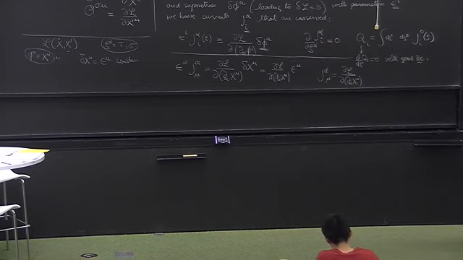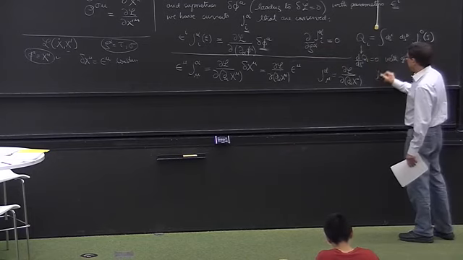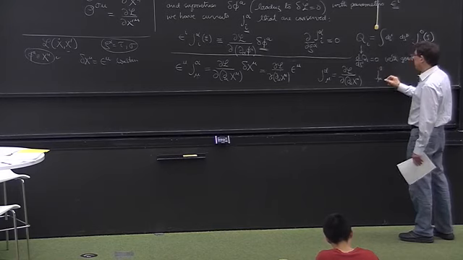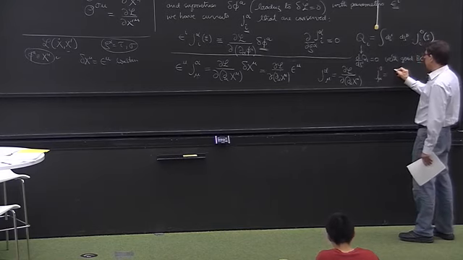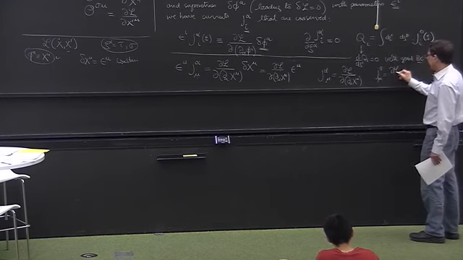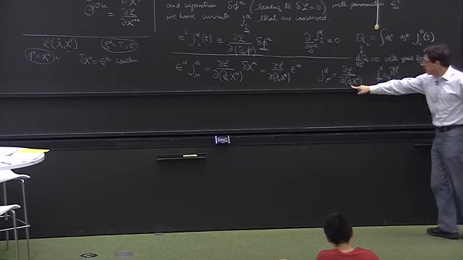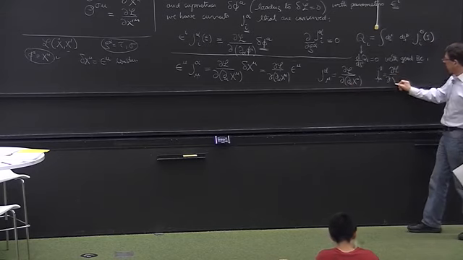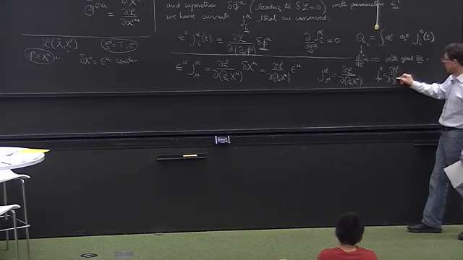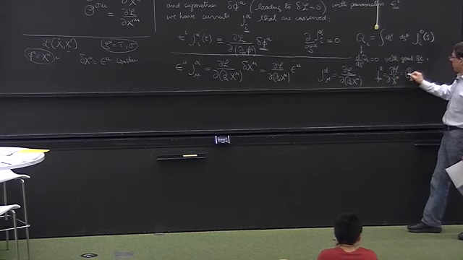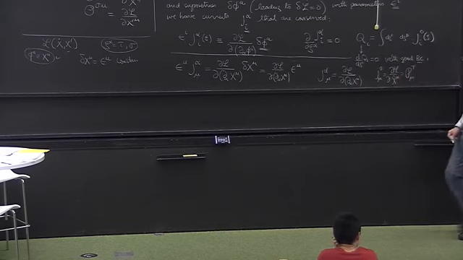And as you can imagine, j mu 0 is equal to dL/d0 of x mu, which is x mu dot. And that's our p mu tau.